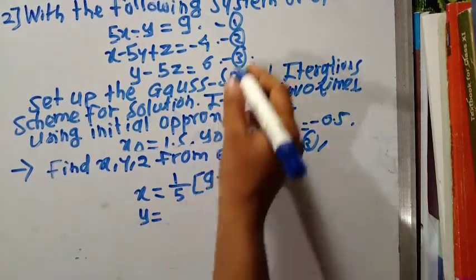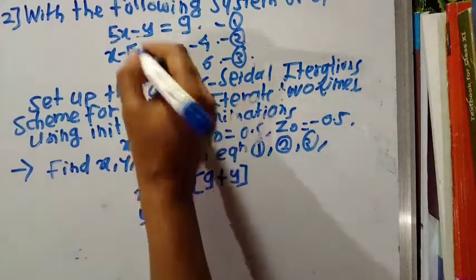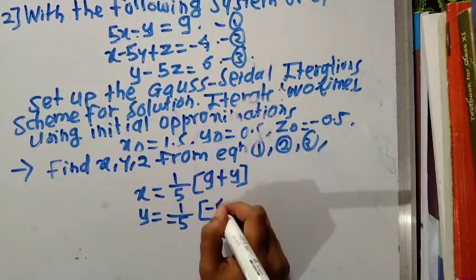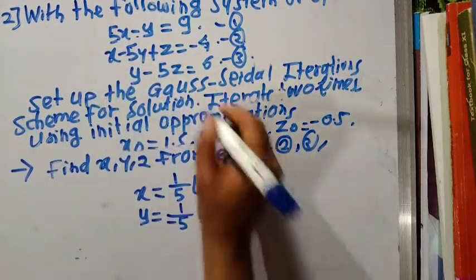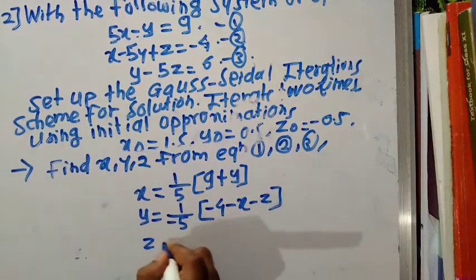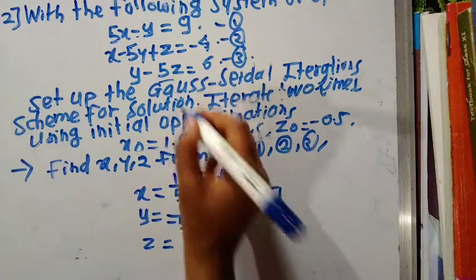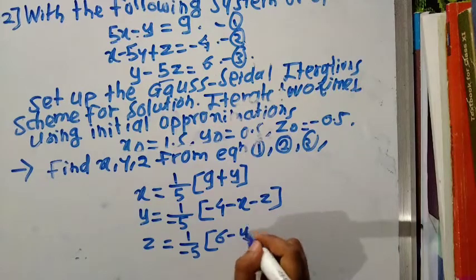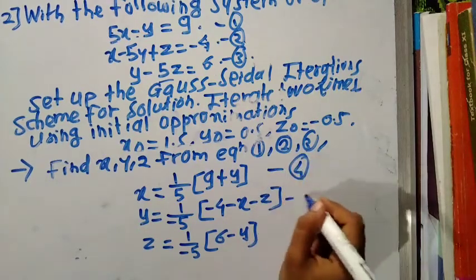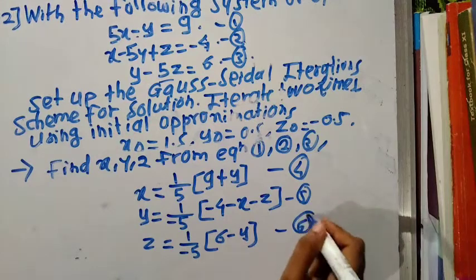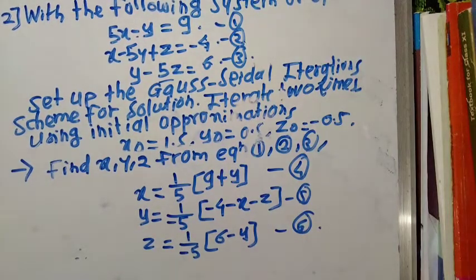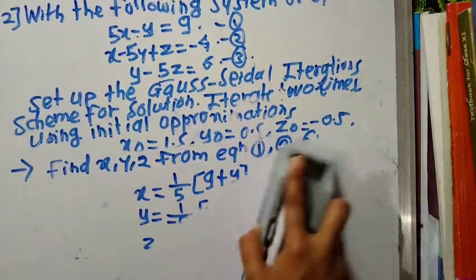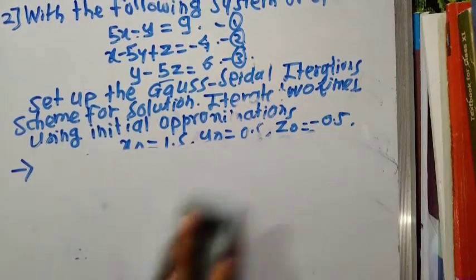Then find out y from equation second is 1 divided by minus 5, minus 4 minus x minus z. And third equation, coefficient of z is minus 5 and 6 minus y. Hence these are the fourth, 5th and 6th equations. Then from these equations find out first iteration.